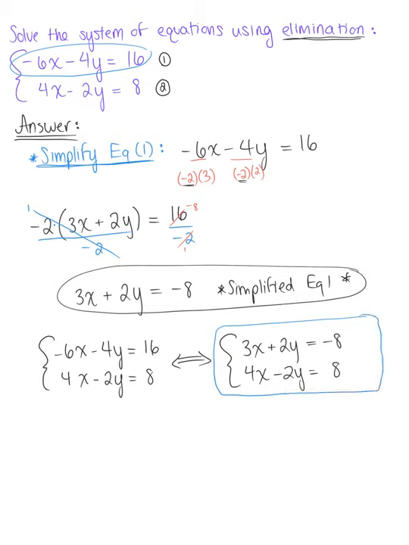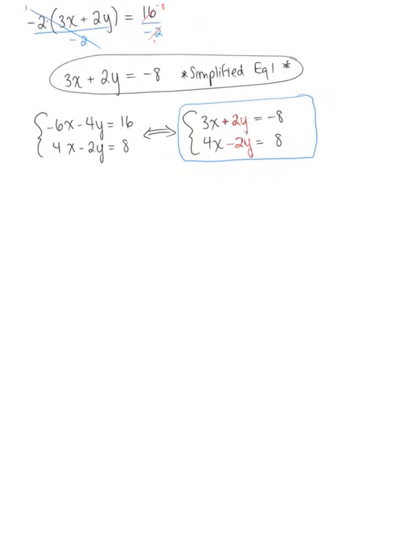And then hopefully you're observing that with this form we have a plus 2y in equation 1 and a minus 2y in equation 2. So now these two equations have the same coefficient with opposing signs, which will make the process of elimination a little bit easier.